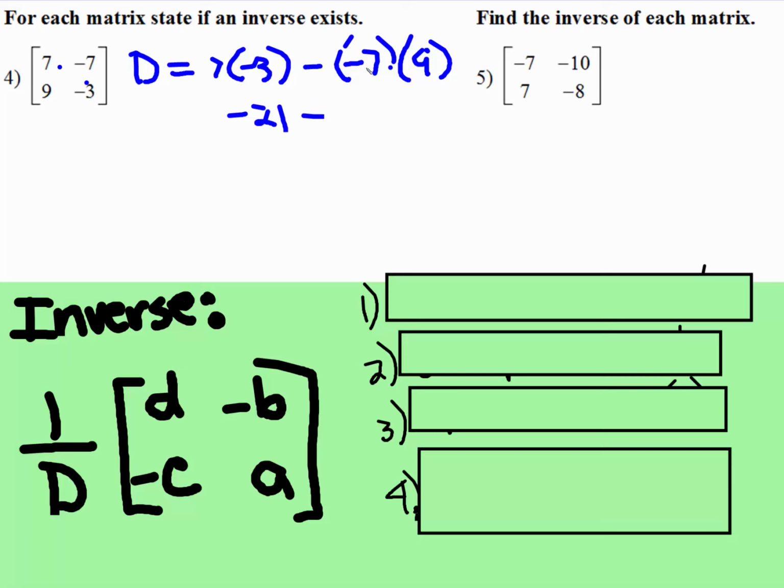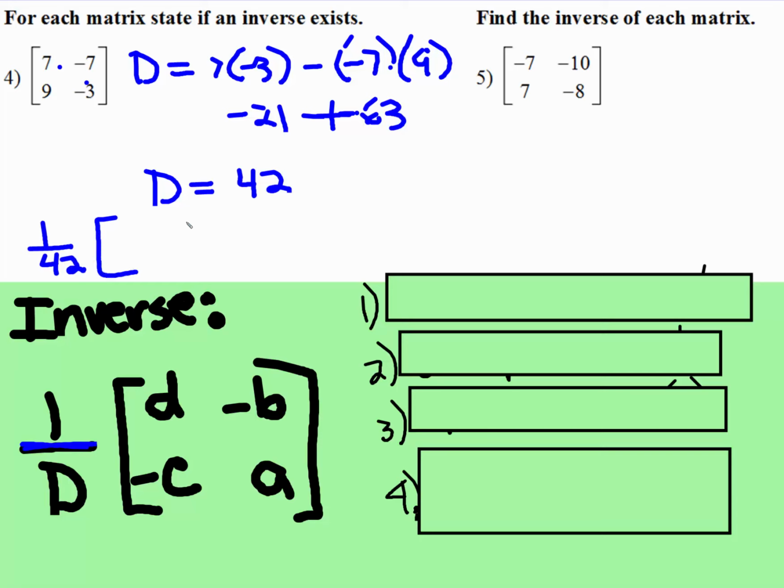Subtract, well, -7 times 9 is -63. Subtract a negative is like adding a positive. So now we have D is equal to positive 42. Well, remember on the inverse, we're going to do 1 over. So for the inverse purposes, we're going to have 1 over 42.